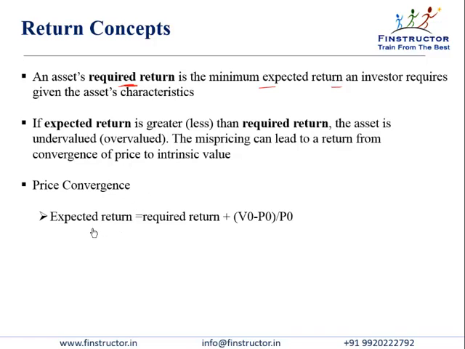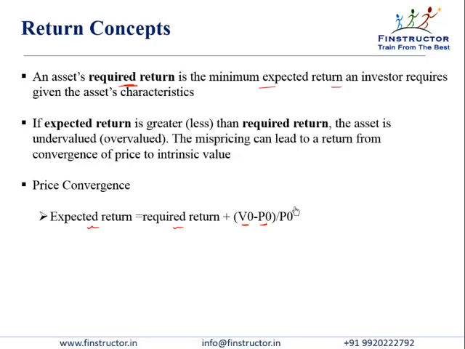Hence, the expected return is equal to the required return plus the convergence to intrinsic value, where V0 is the intrinsic value and P0 is the current price. So if I buy the asset at its current price, then the return will be the required return plus the return from convergence to its intrinsic value.